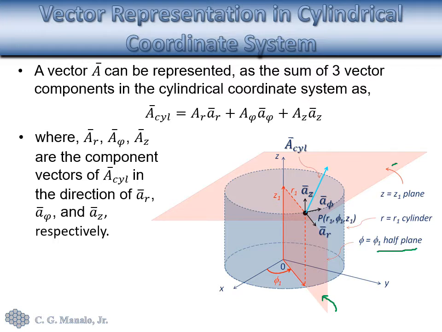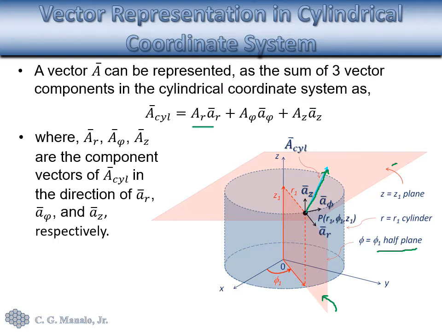Now let's say I have a vector at point P. Let's assume it to be the velocity of the wind again, and it is shown here as this one. So that vector can be expressed by three components, just like the Cartesian coordinate system. So let's call the vector A sub cyl for cylinder.